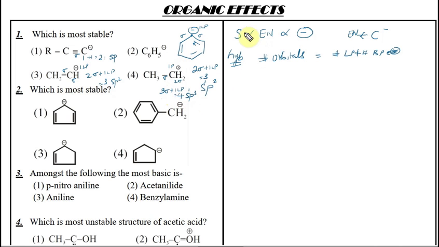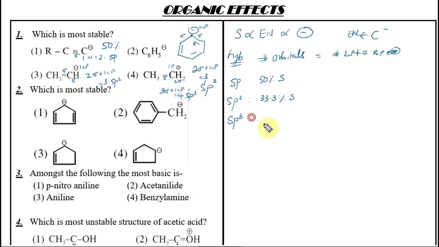So S character is proportional to electronegativity. When you look at this, it is 50% S character, with two orbitals, one S and one P. So this is 50%, this is 50%. This is sp2, this is sp2. So in sp, S character is 50%. sp2 means 3 orbitals, one of them S, so roughly 33.3% S character.